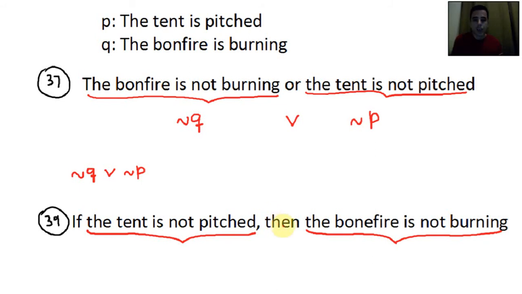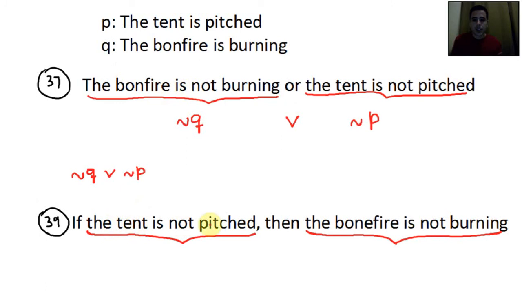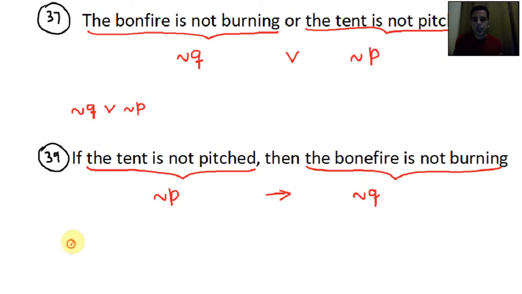So translated into symbols, the tent is not pitched is the opposite of P, and the bonfire is not burning is negation Q. So this is a conditional: negation P, conditional, negation Q. That's the symbolic form.